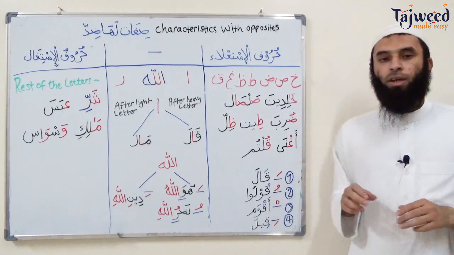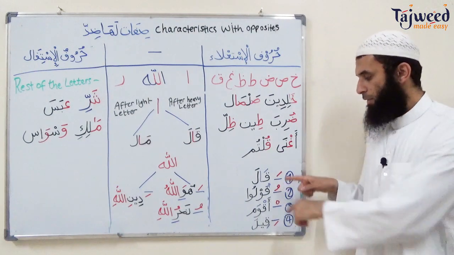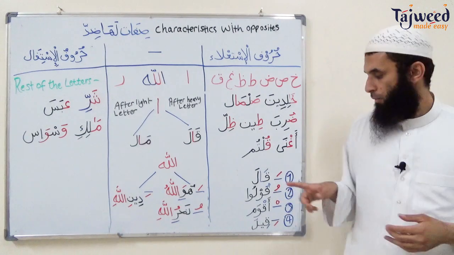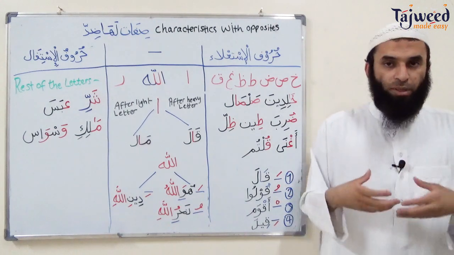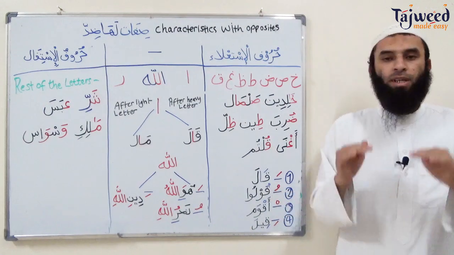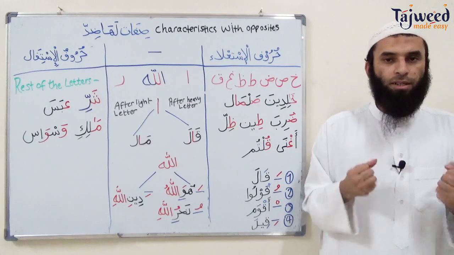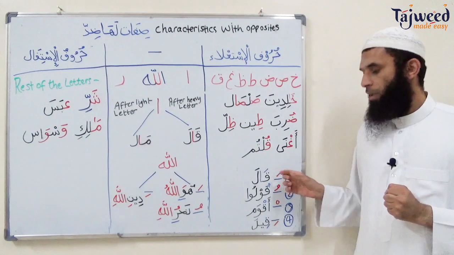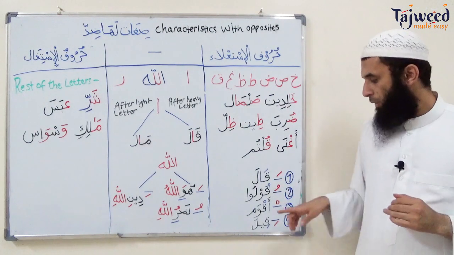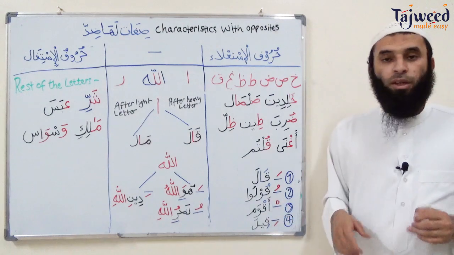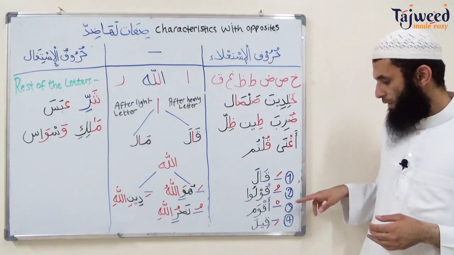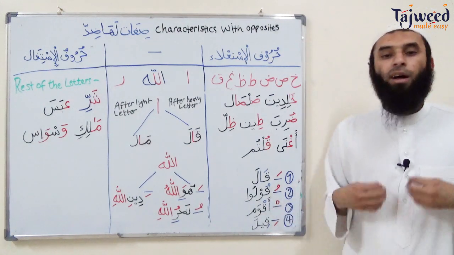We have to be very careful that whenever we find a fatha, it should be the strongest manner. Dhamma should be just below the fatha, but it's still considered a heavy letter. So here, qala, qulu. When the qaf has a sukoon, this is the third strongest. So aqwam.